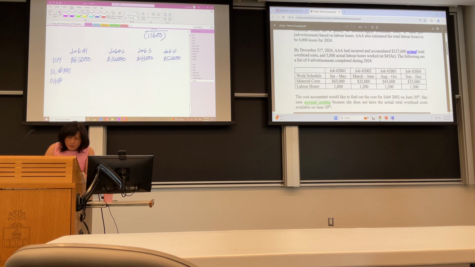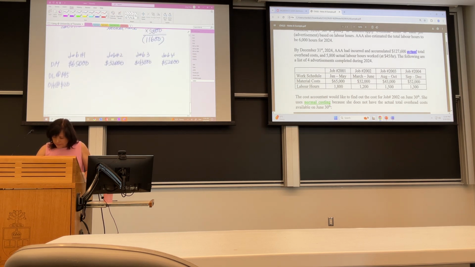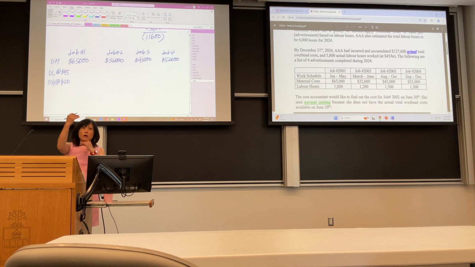Overhead, each hour at $20. Are we okay with this $20? Because we calculated $20 an hour. Overhead goes with labor hours: 1,800, 1,200, 1,500, 1,300 hours. Are we okay with this?